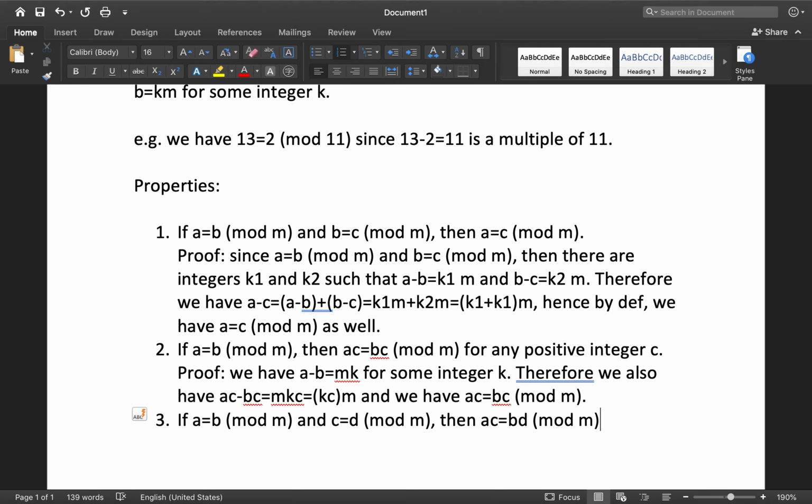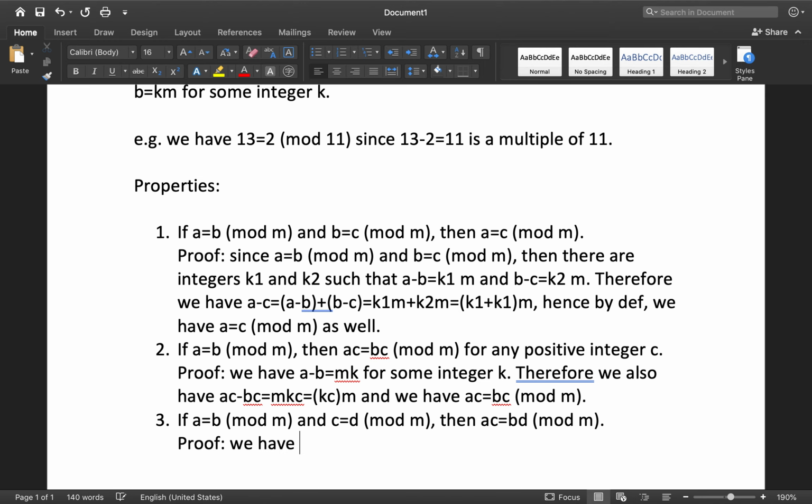Okay, so let me show you the proof as well. Again, you try to follow the definition and play around with those equations.